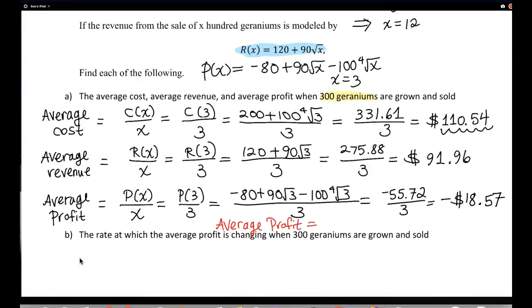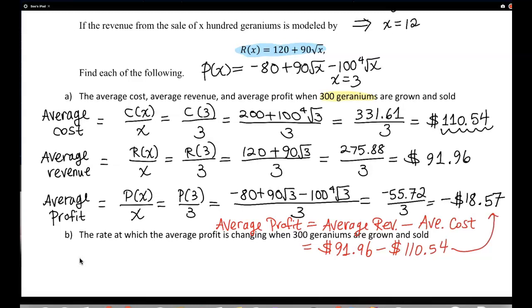We can find this by doing average revenue minus average cost, which will be $91.96 minus $110.54. And if we do 91.96 minus 110.54, you do get the same amount. I was a cent off because of rounding, I guess, but that's okay.